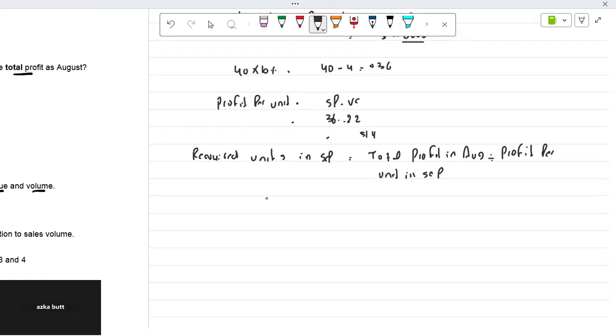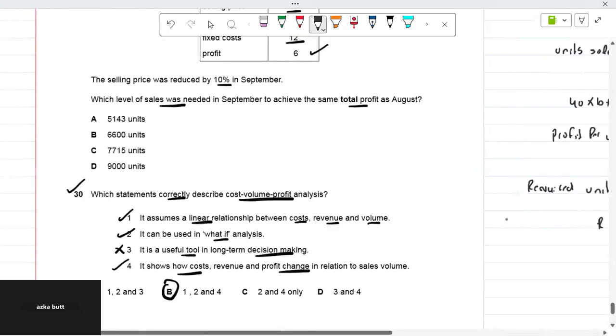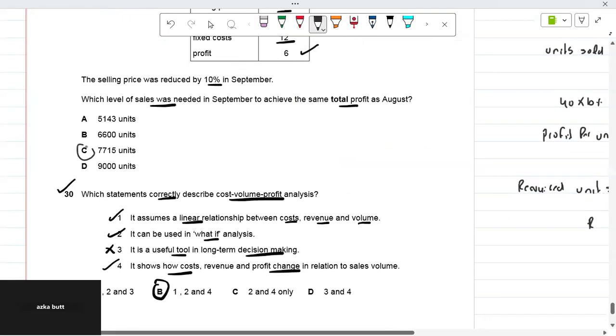So the required number of units will be equal to 108,000 divided by $14. So this is equal to somewhere 7714.29 units. I just want to round this off, so this is 7,715 units. Okay, so this is the requirement. C is the right option. Okay, so now let's see the next one.